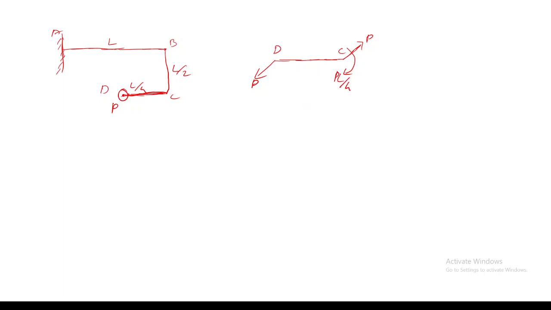What I have drawn is correct or not? And this bending moment, in which plane will it be visible? Yes, viewing from the top, it will be visible in the horizontal plane.